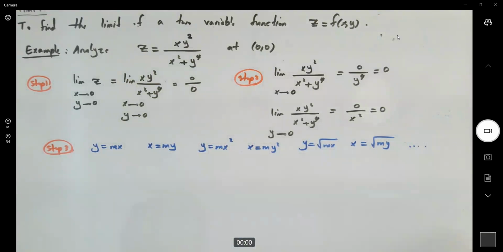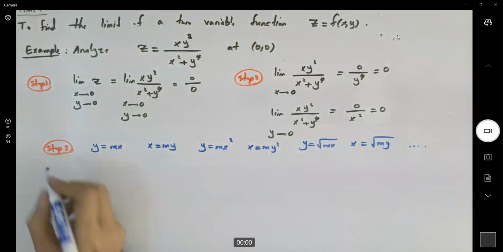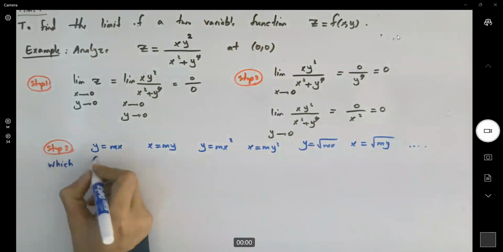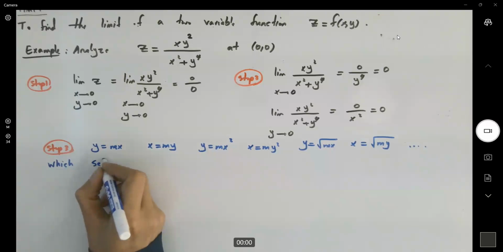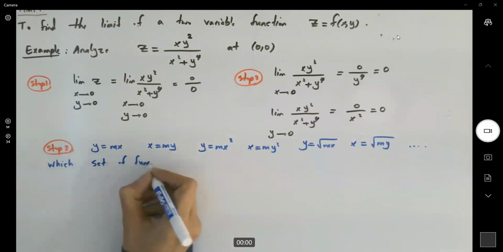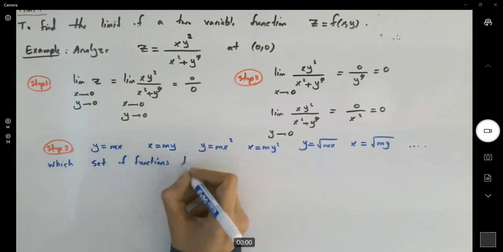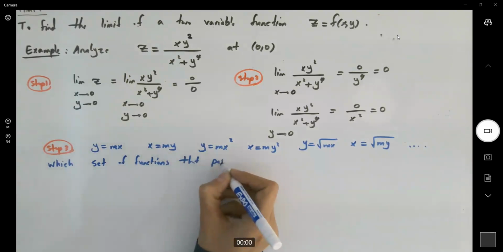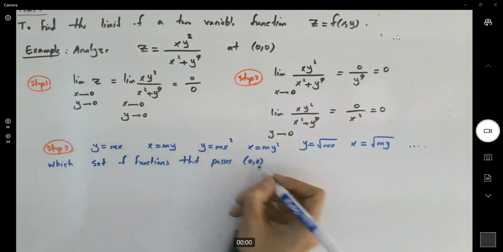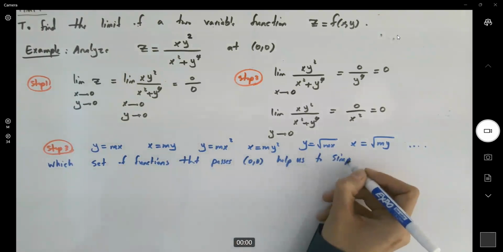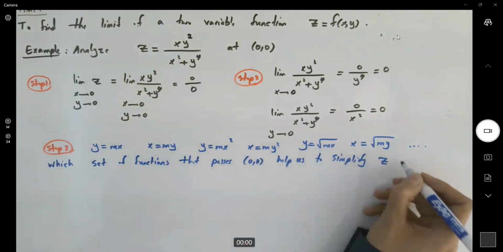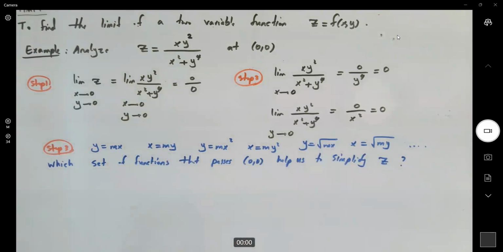Which path helps us get rid of one of these variables? These all have m, which means that you have a set of functions. Which set of functions that passes through the origin helps us to simplify z? Which one do you select?